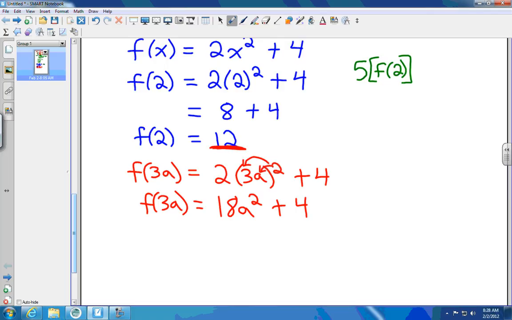But it's really not that difficult. So you got to find f of 2, which we already did over there, right? What was f of 2? So you're going to do that again. You would find the 12 and simply take it times 5. What would you get there? So 60 would be your answer, if that were the case.